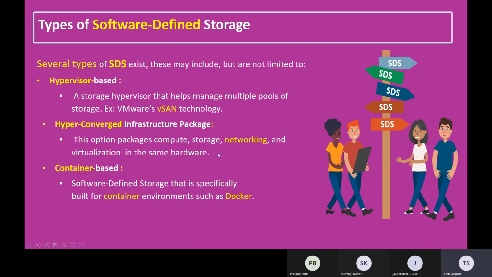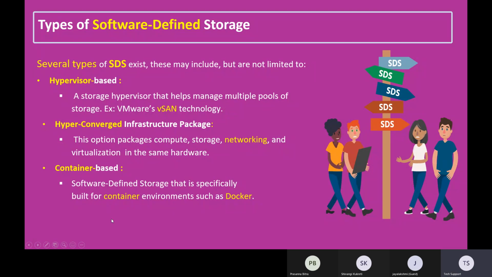See here we have four combinations in the same hardware. These combinations we call a hyper converged infrastructure package. Another word for hyper converged infrastructure package is SDDC, software defined data center. With the software defined data center, we have virtual servers, virtual networking, and also virtual storage. Okay, so try to familiarize this terminology.